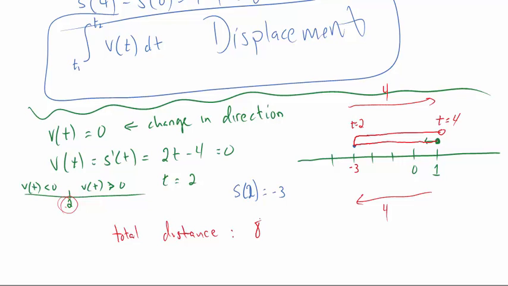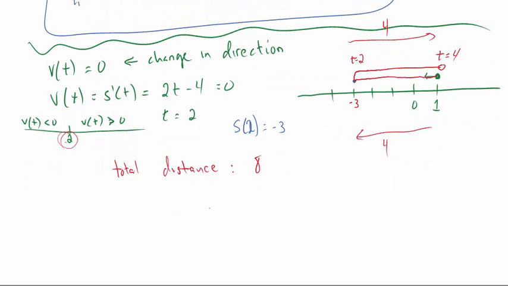Well, our total distance would be the velocity times time. That's distance, right? Distance is velocity times time. But we have to think of this as a whole bunch of distances that we're going to add up. We took this 4 and added that 4, so we're going to take the sum of the velocities times time.